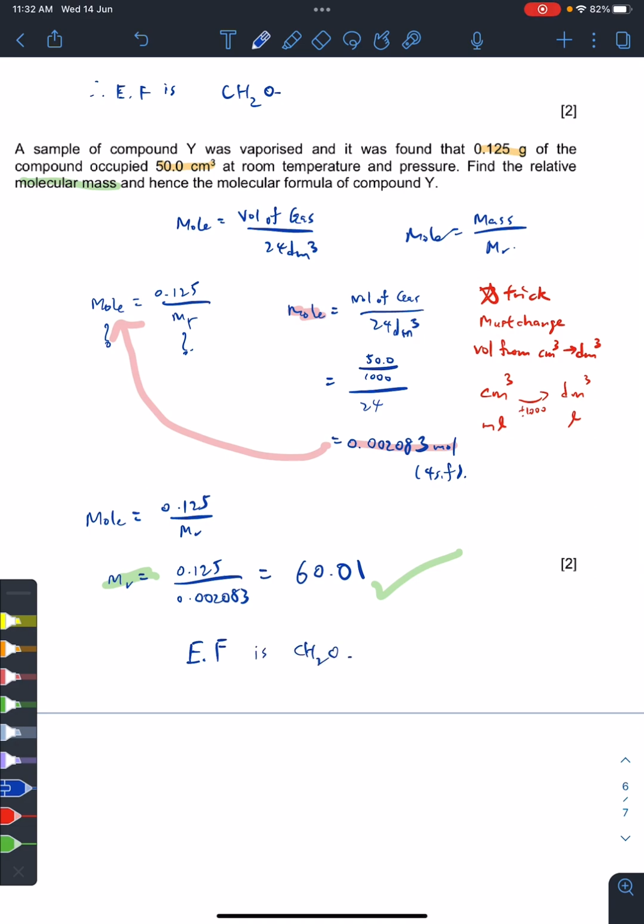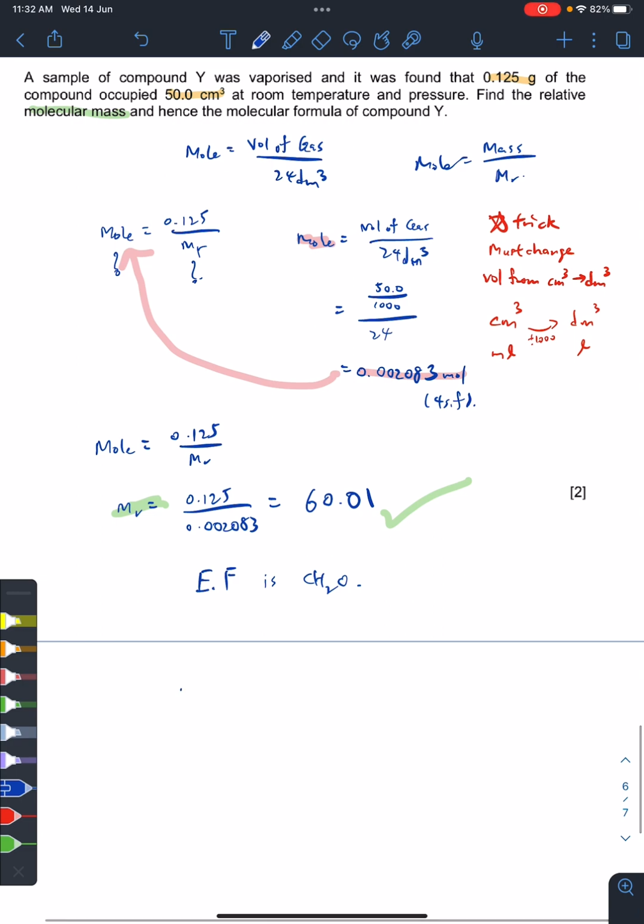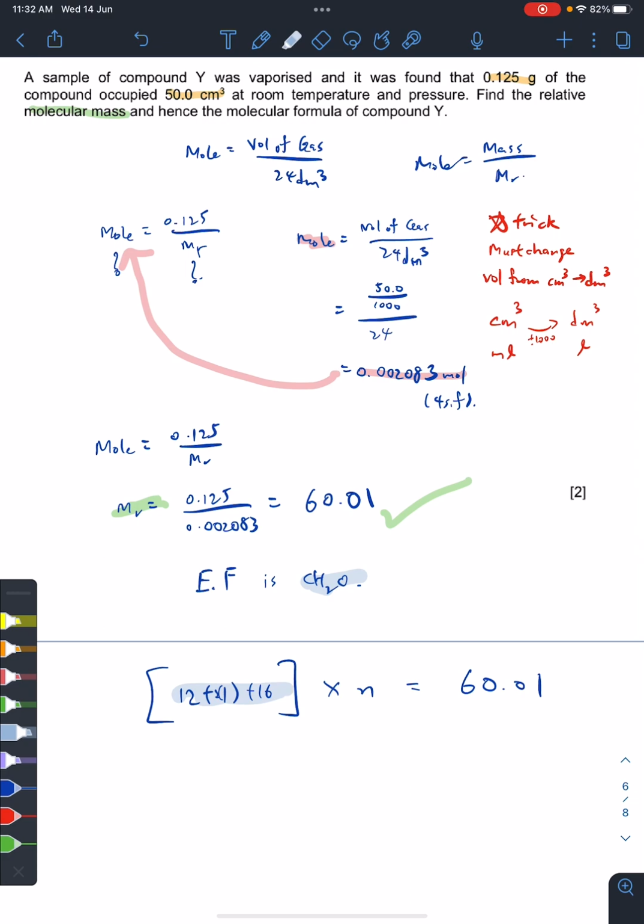Let's find out how heavy CH2O is: 12 plus 2 times 1 plus 16, which is 30, times the multiple n equals 60. So n is 2. Therefore, it is a 2 times multiple. So the molecular formula is just C2H4O2. So yeah, that's about it.